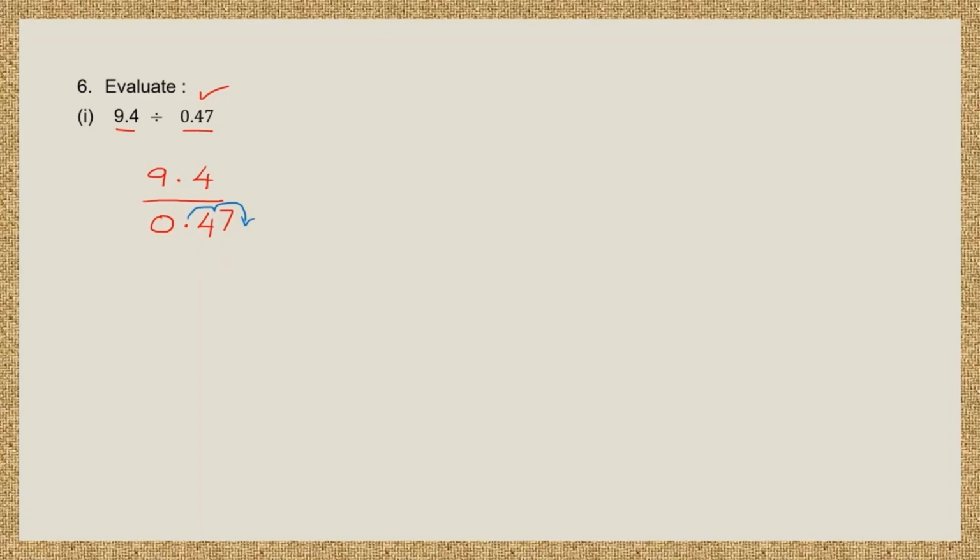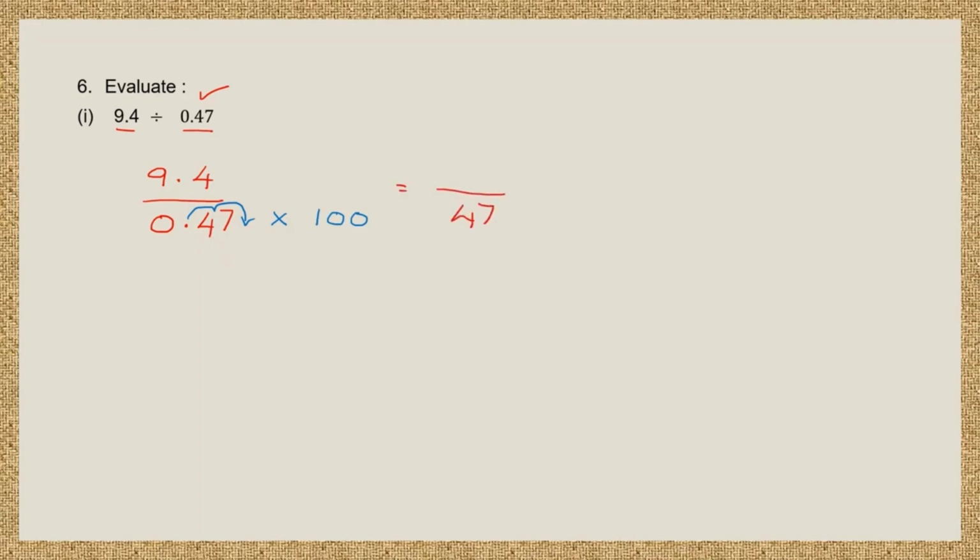Now, how do I make this 47? My point has to move 2 places to the right. And the only way to do it is if I multiply it by 100. If I multiply it by 100, my point can move 2 places to the right. And what I get here will simply be 47.